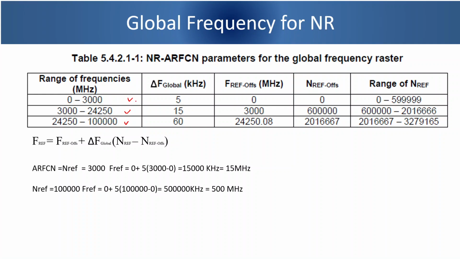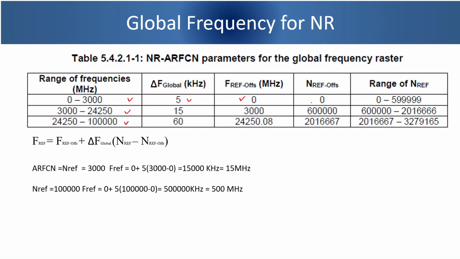If you look at the first part, up to 3 gigahertz, the F global step shown here is 5 kilohertz. So every 5 kilohertz you will have those frequencies from 0, and then you go step by step. There is no frequency offset because it starts at 0.